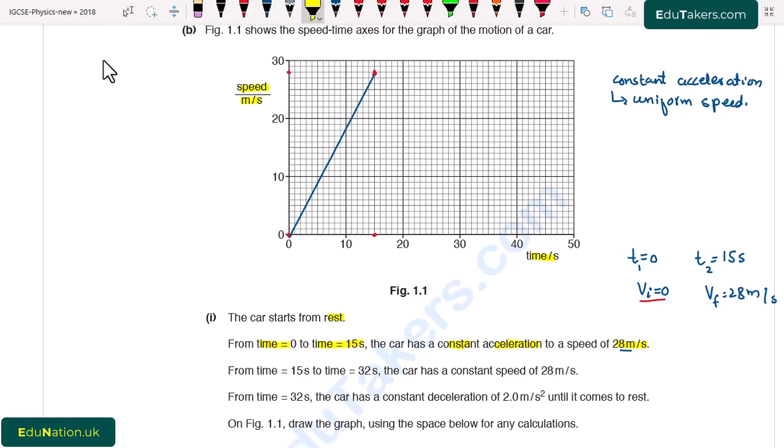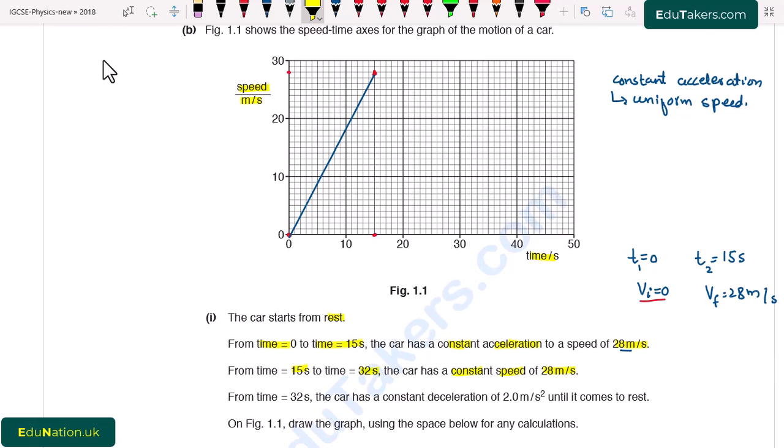In second part, from time 15 second to 32 second, the car has a constant speed of 28 meter per second. Here speed is constant. It means that the value of speed is not changing. It remains constant even the time passes. So first of all, here time is 15 seconds.